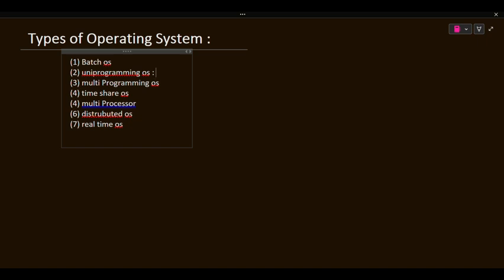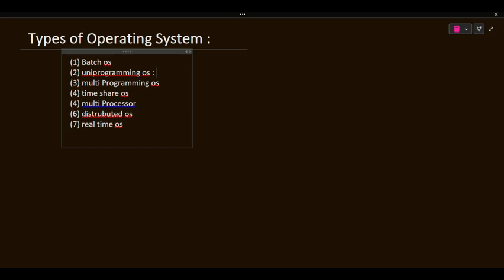Now, when the CPU starts executing the program, let's say the program consists of a line which requires an input output operation. What is the meaning of input output operation? Input output operation means the line which takes the input from the user, like we write the scan functions in C programming.